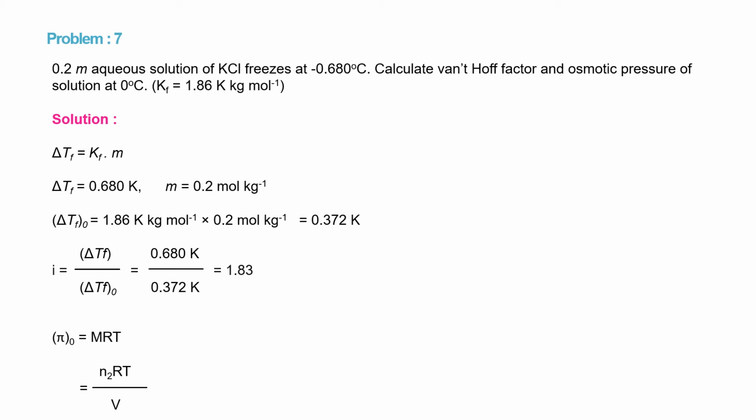Now how do you calculate i from that? In this case you have to find out the Van't Hoff factor. So Van't Hoff factor is equal to delta Tf upon delta Tf0. Delta Tf0 is what you calculate, that is 1.86 Kelvin kg per mole into 0.2 mole per kg.